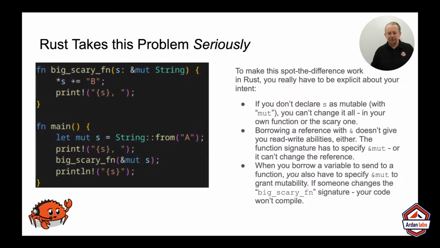Now, Rust takes this problem really seriously, to the point that I've had people tell me that they've hotkeyed buttons to type and mut over and over again for them, which, incidentally, if you're doing that, you've got design problems, shoot me an email. So big scary function, s and mut string, what does that mean? It means it's a reference, you're lending it.